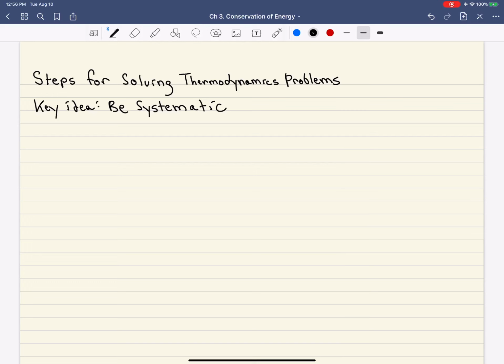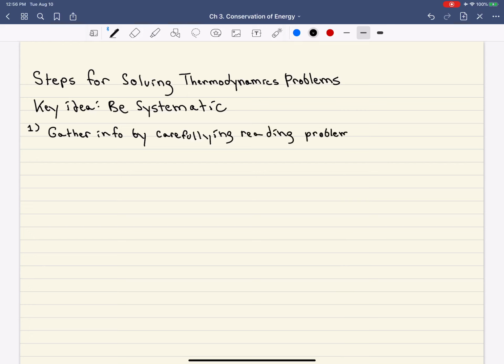Okay? And so when you're approaching these problems, you're basically just going to follow the same 7 steps over and over. So the first step is you got to read the problem statement. Specifically, you need to gather information by carefully reading the problem statement.